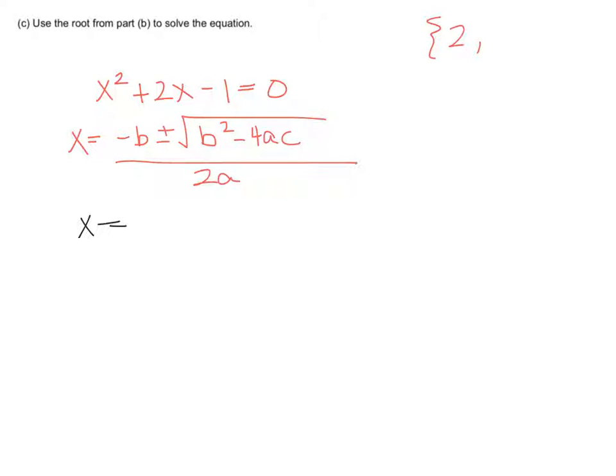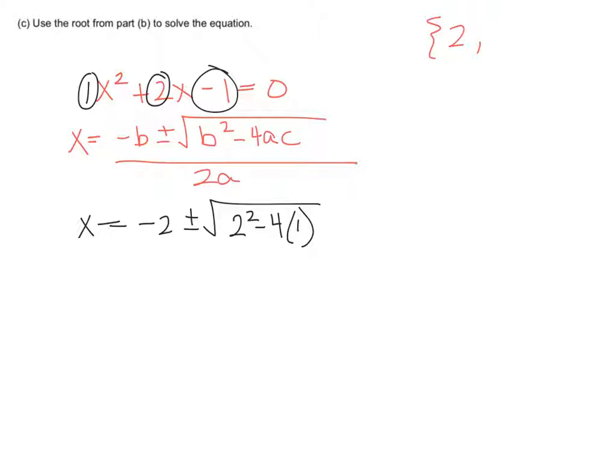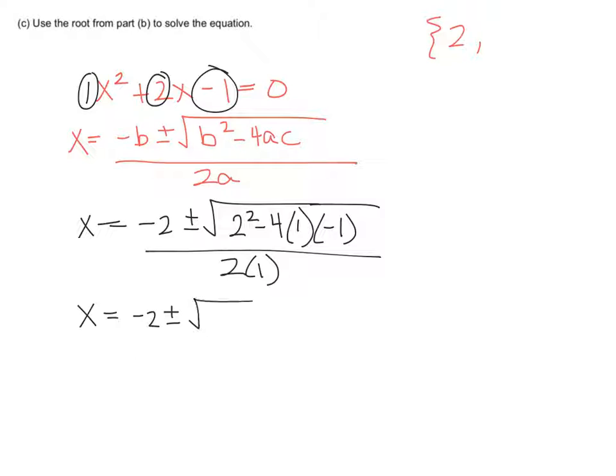We have a negative b, so that will be a negative 2 plus or minus the square root of 2 squared minus 4 times a, which is 1, times c, which is the negative 1, divided by 2 times 1. And we can go ahead and simplify this. So we get the square root of 4 plus 4, since negative 4 times 1 times negative 1 is a positive 4, and then divide that by 2.